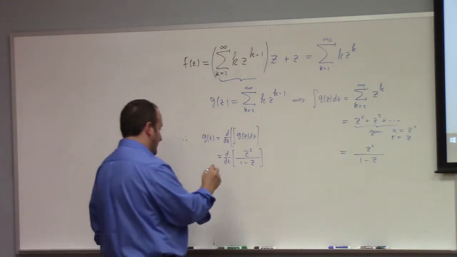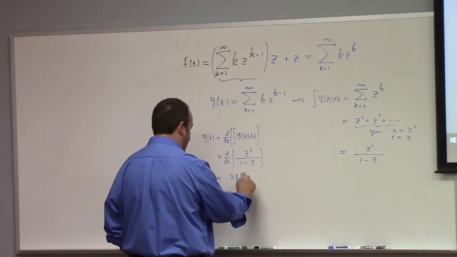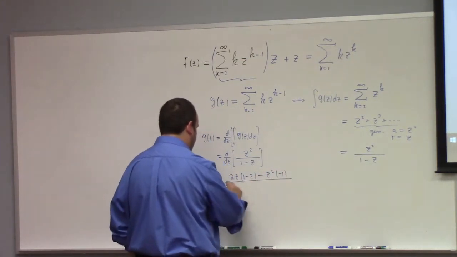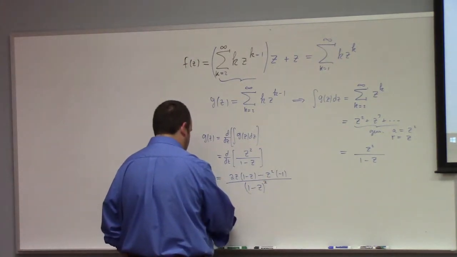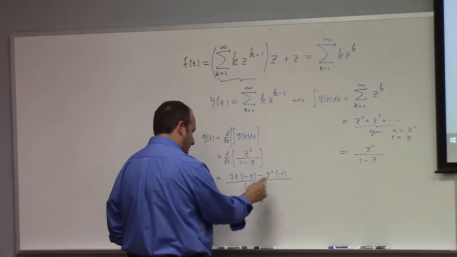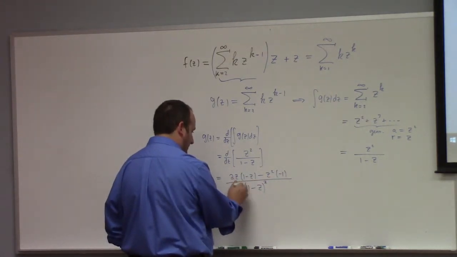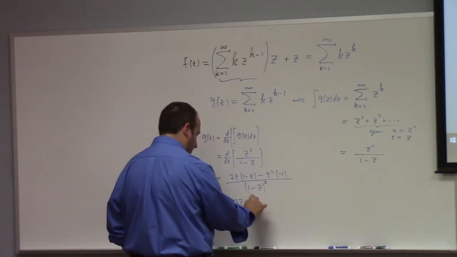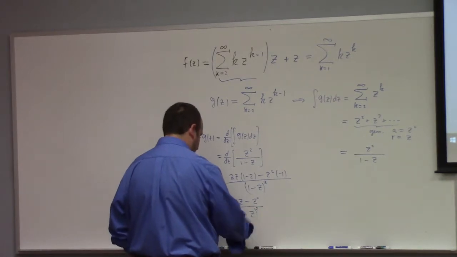And so I can calculate that: 2z times 1 minus z, minus z squared times minus 1, divided by 1 minus z quantity squared. Maybe we can clean that up. You've got a plus z squared here and a minus 2z squared over there. So it looks like we got a total of 2z minus z squared divided by 1 minus z quantity squared, I think.